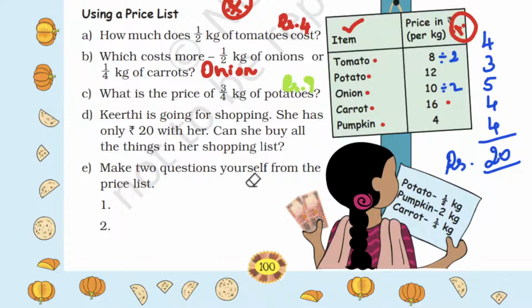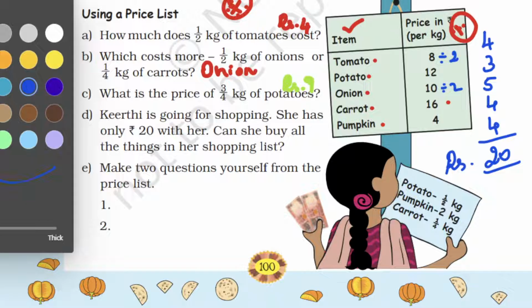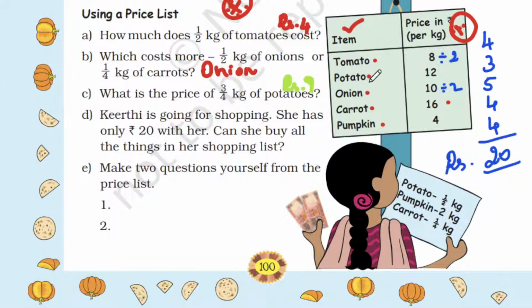Make 2 questions yourself from the price list. So now they're asking us to make our own question. So let's frame one question. Let's find out half kg of potato and 3/4 of tomato.